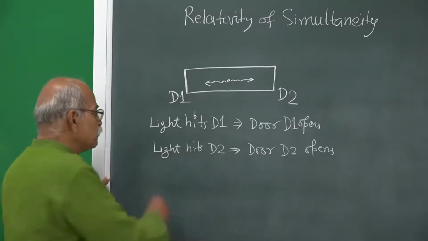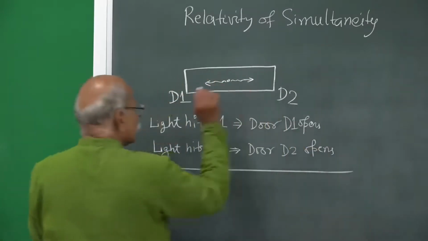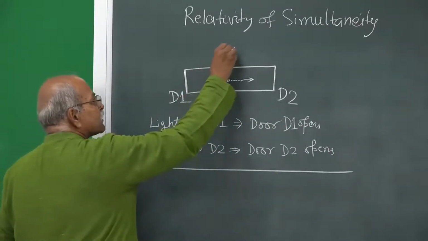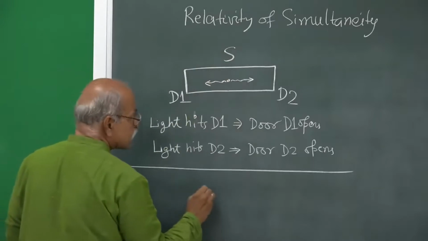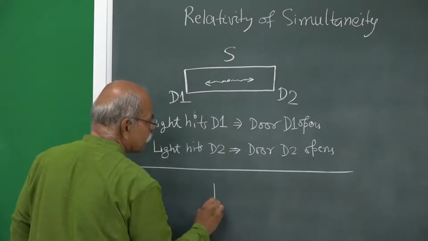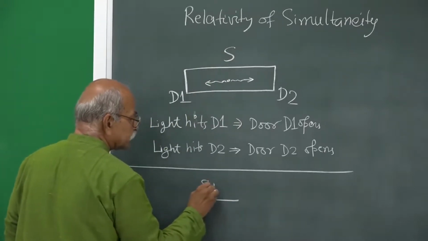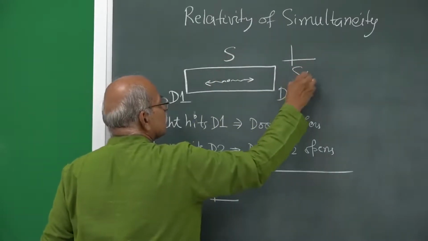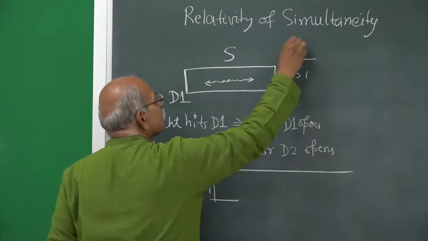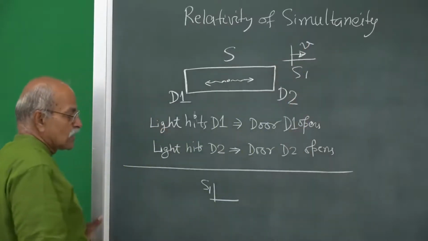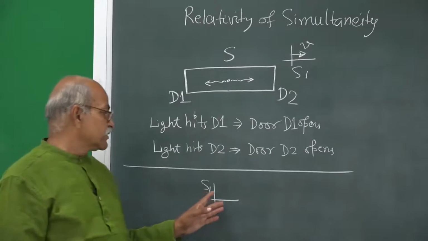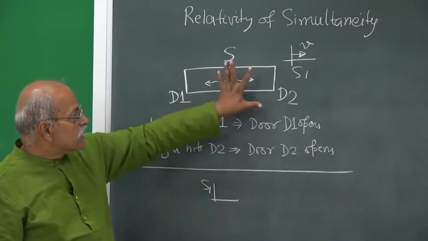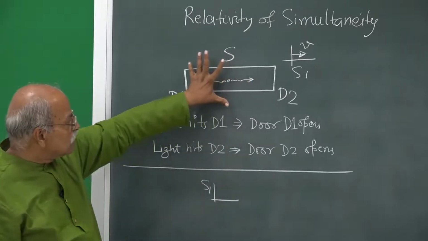Now, if you look at this whole experiment once again from a frame, let us say this frame is S, and I look at from a frame S1, and with respect to this S, this S1 is going towards right with some velocity. So, from S1 what will I see? I will see that this whole tube is going towards left.